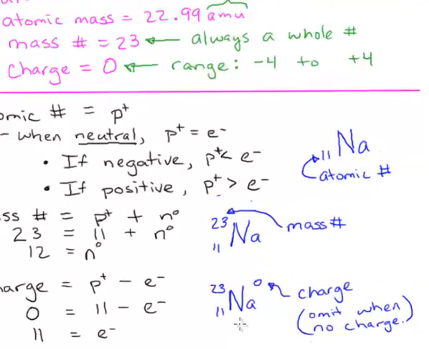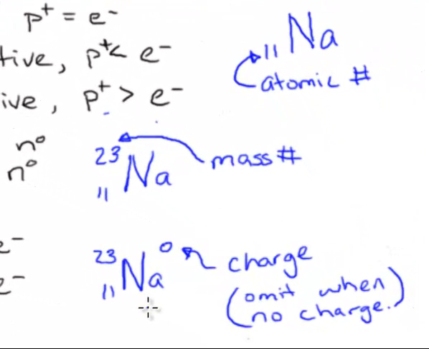On the notation end of this, we have sodium, our symbol, 11 as our atomic number written as a subscript in front of the symbol, 23 our mass number written as a superscript before the symbol, and our charge will always be written as a superscript after the symbol. In this case it would be 0, but we should omit it when there is no charge. So technically, charge shouldn't be written in this case.